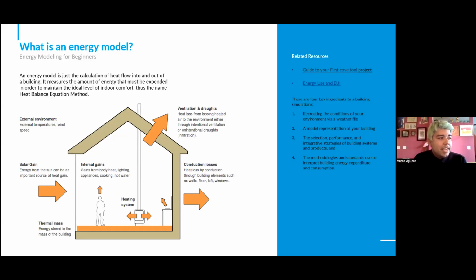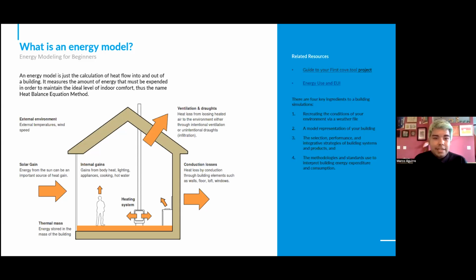An energy model is just a calculation of heat flow in and out of the building. Imagine where you live, you place a box, and in order to maintain the ideal comfort within that box, you have to apply certain strategies in the insulation of the box. During nighttime, you need light, so you need lighting. In order to keep it cool in the summer months, you need air conditioning.